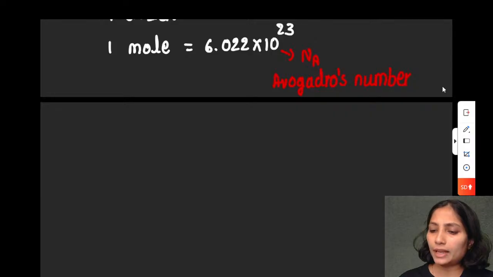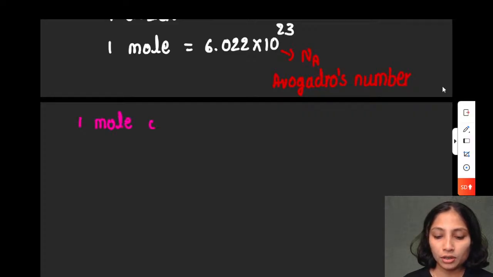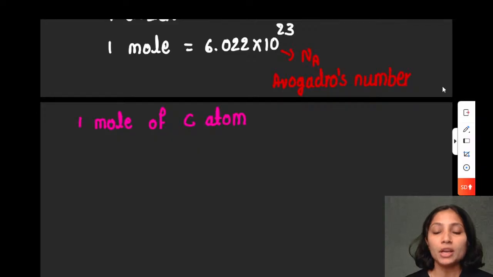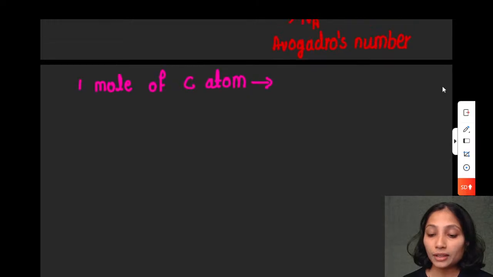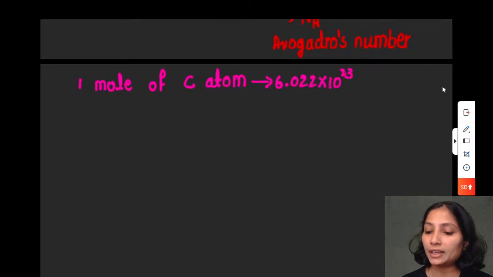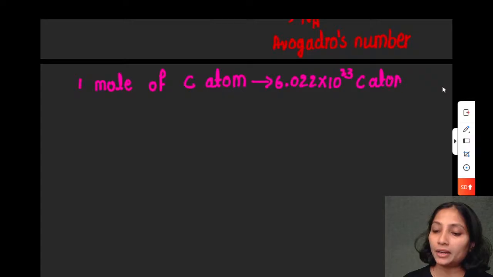Okay, now let's take a few examples for this one. If I write 1 mole of carbon atom, what are we taking? 1 mole of carbon atom. So what does it represent? How many atoms are present in 1 mole of carbon atom? 1 mole of carbon atom is nothing but 6.022 into 10 power 23 carbon atoms.